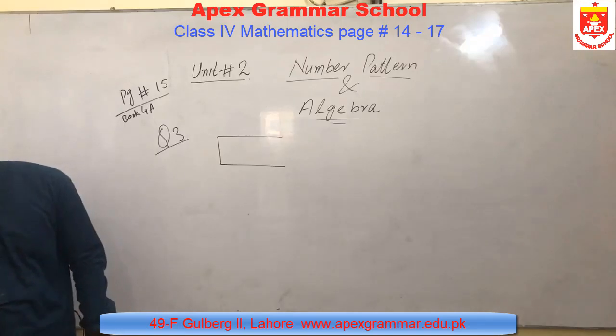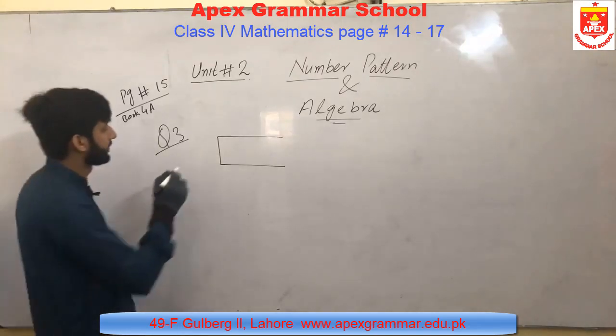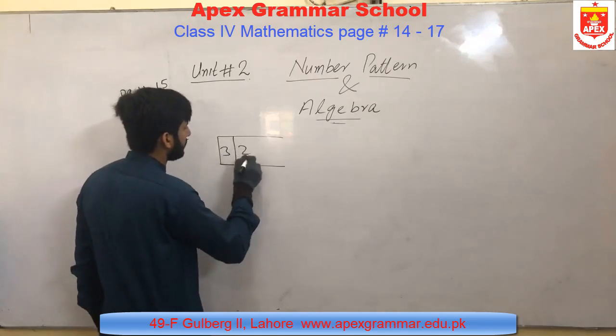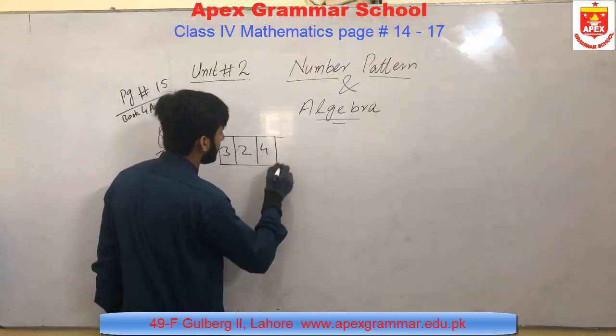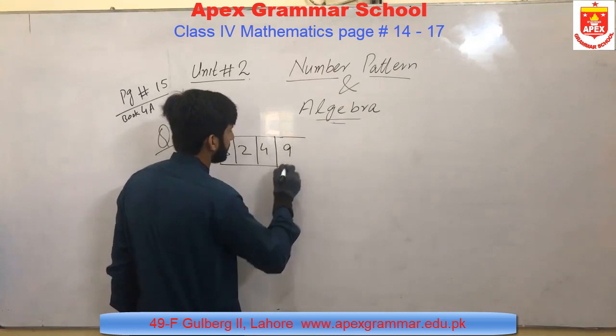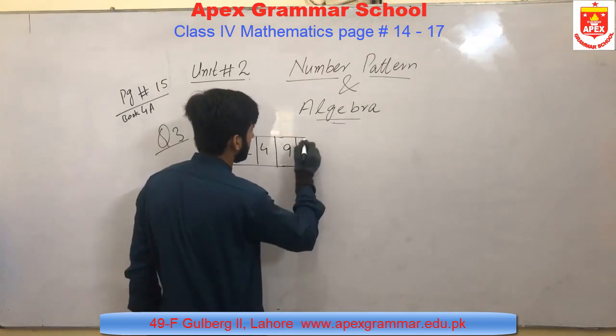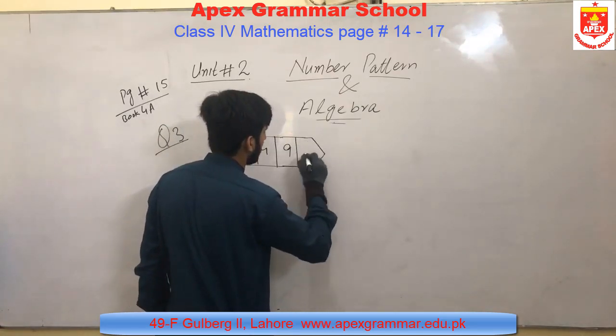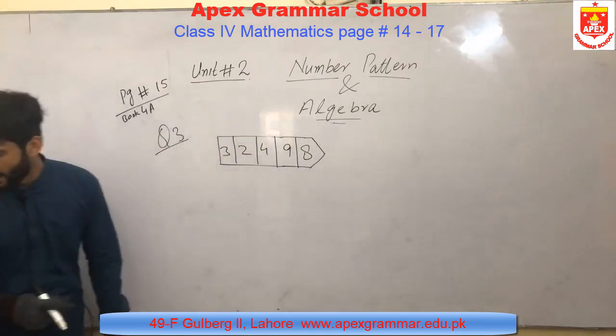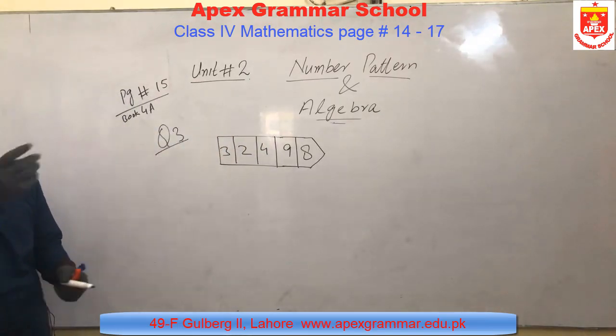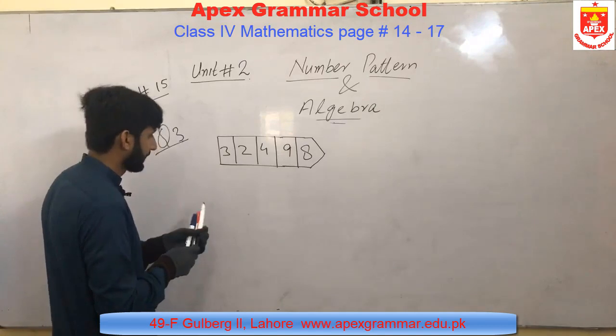First arrow card is 32,498. I have to write down the position of every digit.